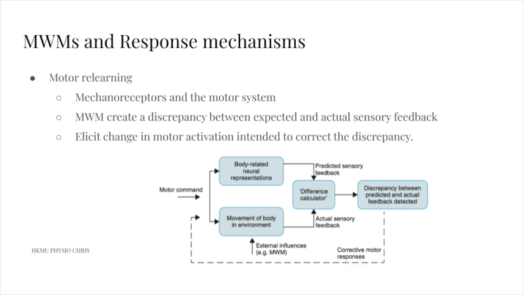That is, the application of a mobilization with movement might create a discrepancy between expected and actual sensory feedback, eliciting a change in motor activation intended to correct the discrepancy. If this is the case, then it is possible that repeating the mobilization with movement technique may cause bioplastic adaptations in the motor patterning that may extend beyond the technique application.